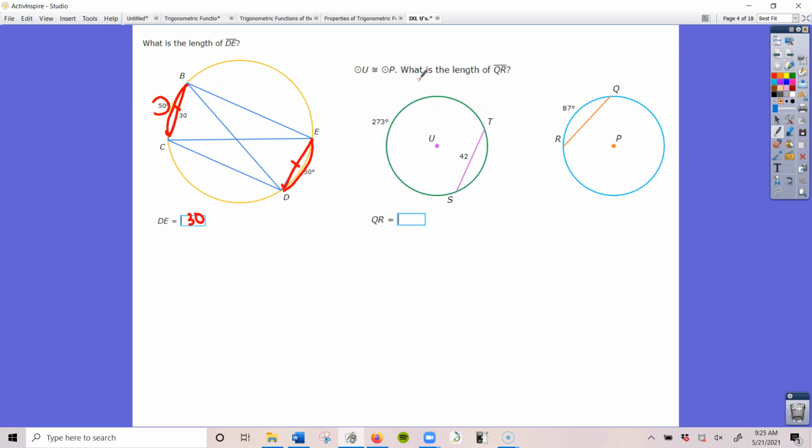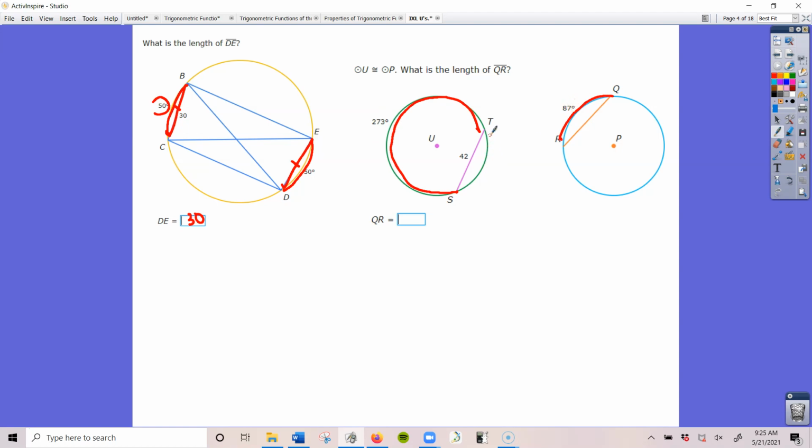Now here we're looking for the length of the segment QR, which is this one here. So you're given these two circles. Now we see that this big arc, ST, is 273 degrees. But here we're given this arc here, which is 87.